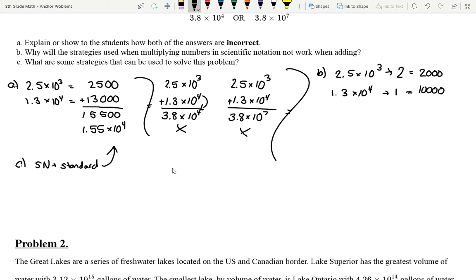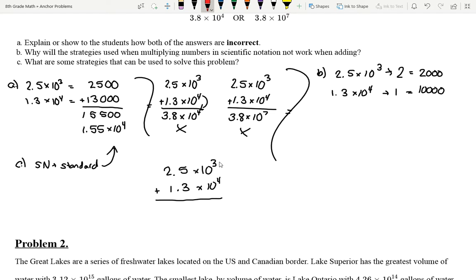Let's look at this and take 2.5 times 10 to the third, and let's add 1.3 times 10 to the fourth. That's our question, correct? The big thing that you need when you add or subtract in scientific notation is these exponents to be the same. In other words, that 2 was 2,000, that 1 was 10,000. I need this number to be the same.